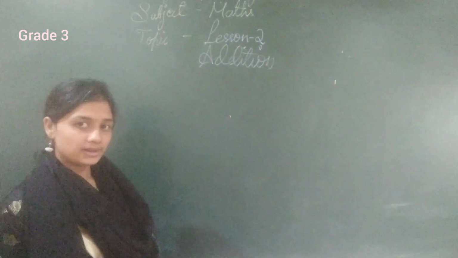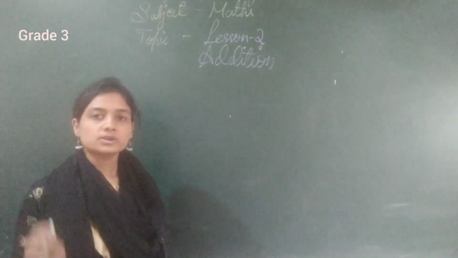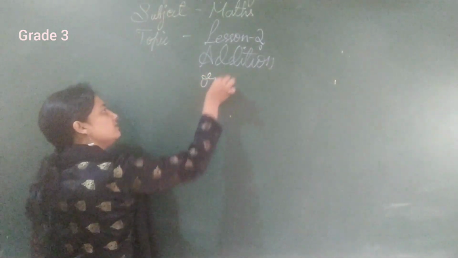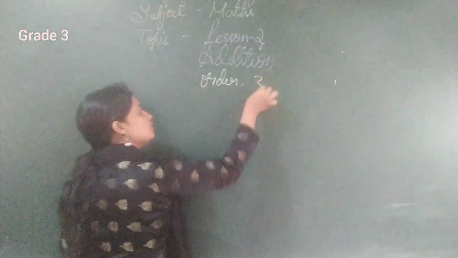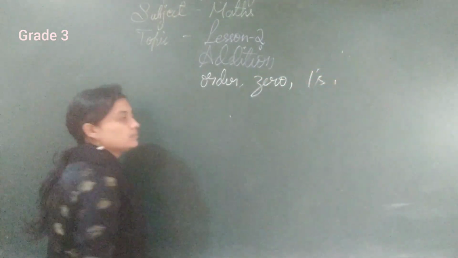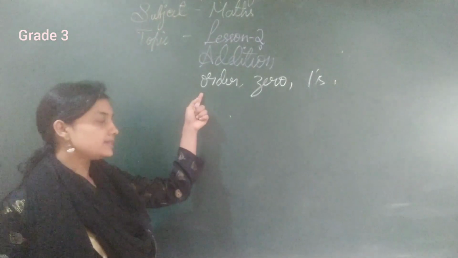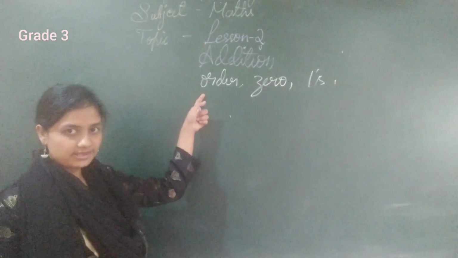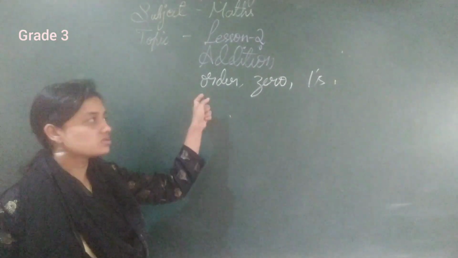Okay, so let's start. First, before adding, you should know the properties. What are the properties we learned? Commutative, order property, zero property, and one property. What do order properties say? Even if the number order is changed, the answer will not change.